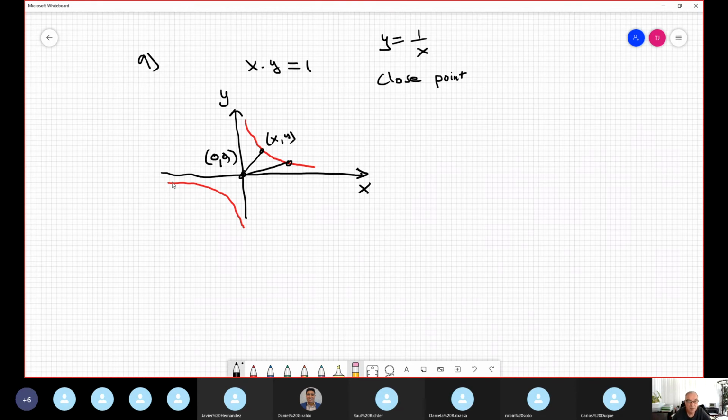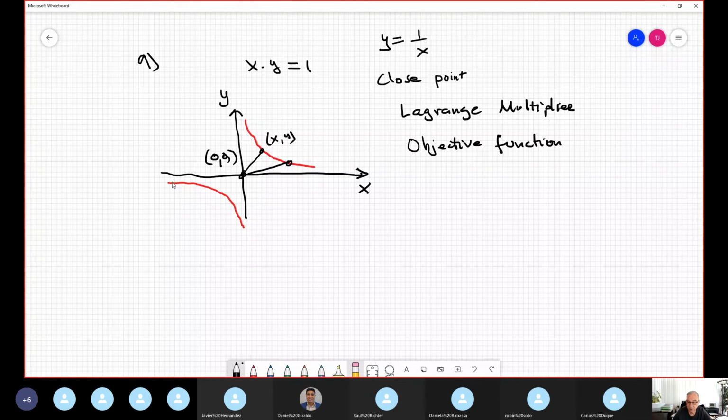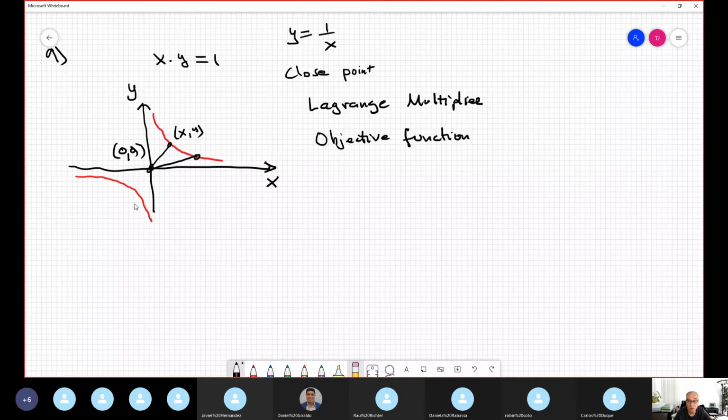Actually, to apply the Lagrange multiplier method, we need two equations. We need the objective function. The objective function is the function that you want to optimize, minimize or maximize.